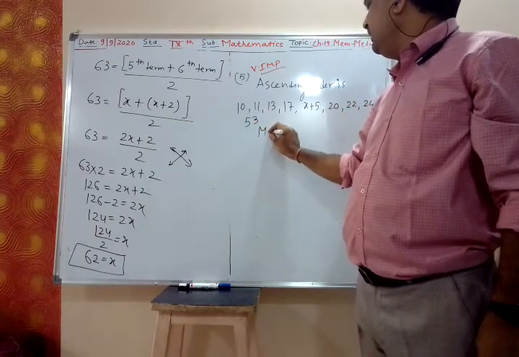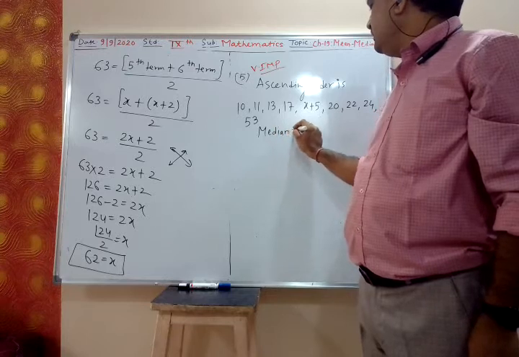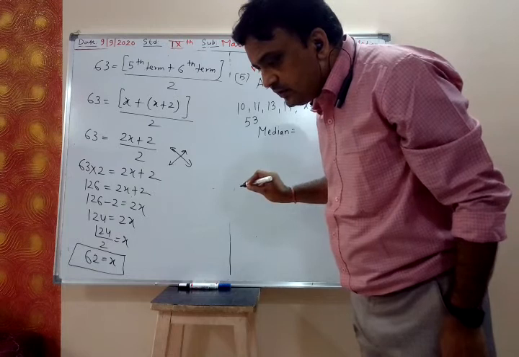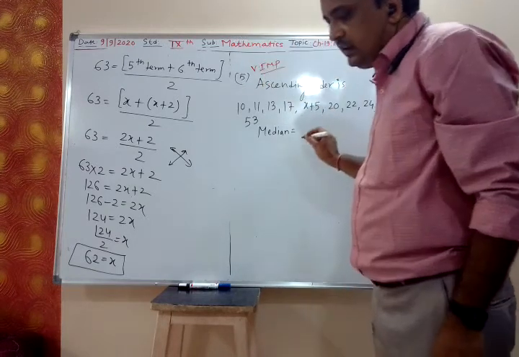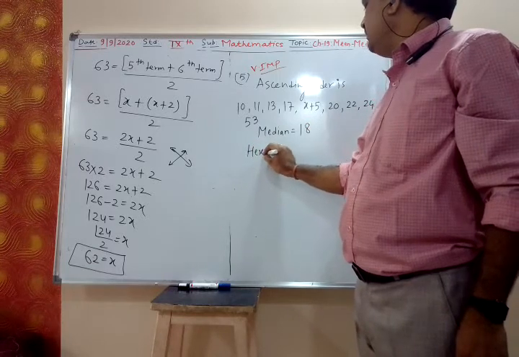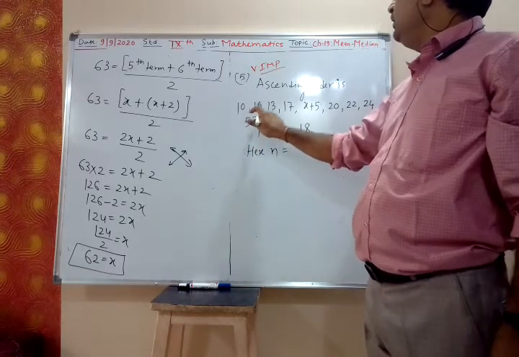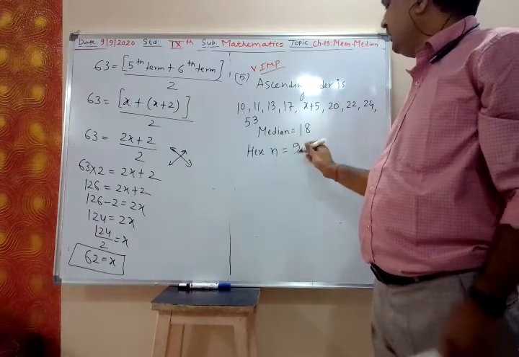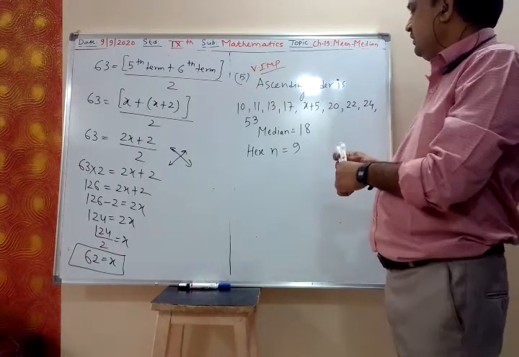Median is given, how much? Median is 18. And how many observations are given? What is n? 1, 2, 3, 4, 5, 6, 7, 8, 9. n is 9. 9 is odd.